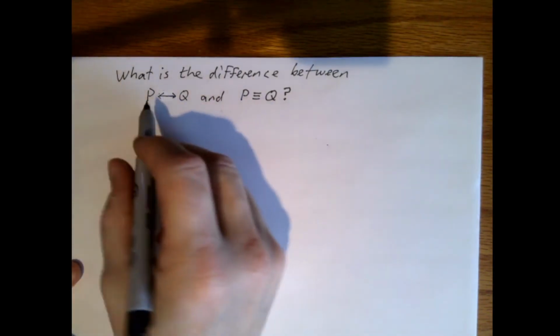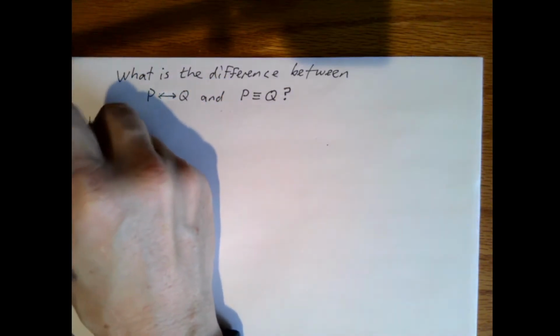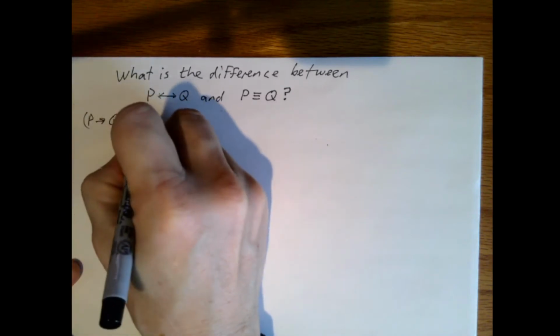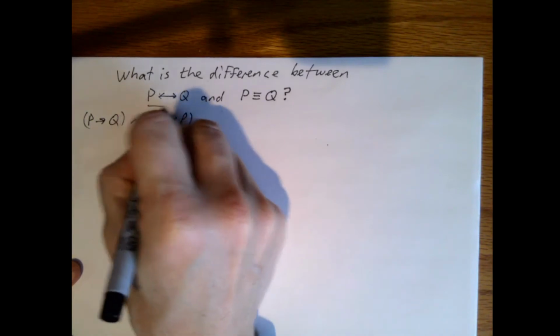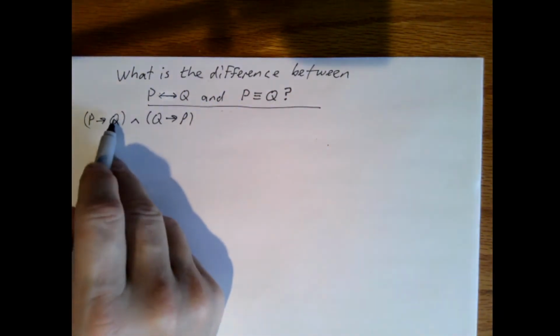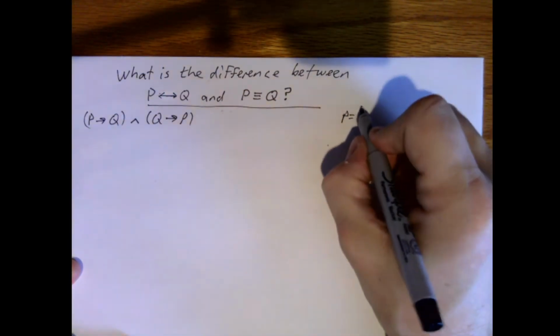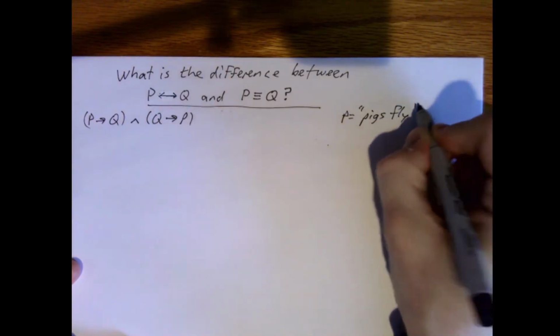Let's remind ourselves that the biconditional here is really a shortcut for writing this: P implies Q and Q implies P. Okay? And here, these could be atomic statements, like P is equal to pigs fly, which has a truth value.